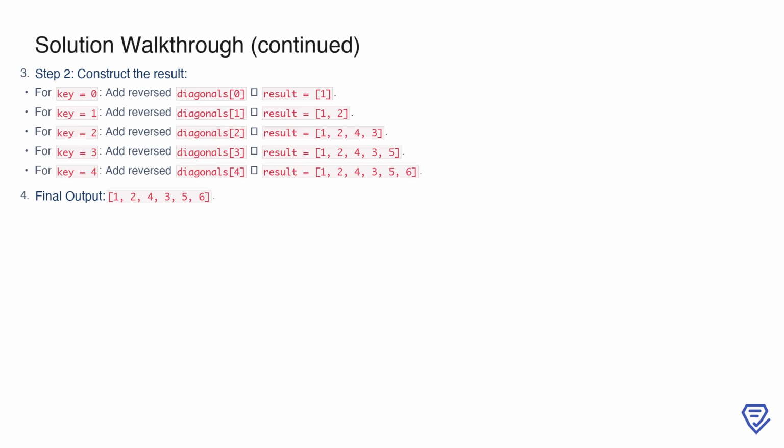For key 3, the diagonal 5 is reversed and appended, resulting in 1, 2, 4, 3, 5. Finally, for key 4, the diagonal 6 is reversed and added, leading to the output 1, 2, 4, 3, 5, 6. This ensures the values are listed in the correct diagonal order.